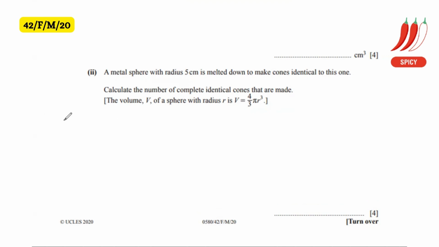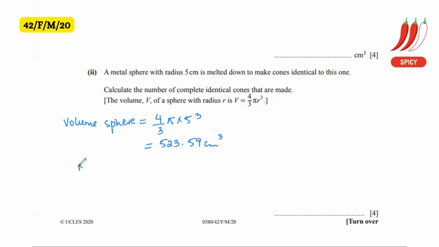But first we need to find the volume of the sphere, which will be 4/3 pi times 5 cube, which is 523.59 centimeter cube.